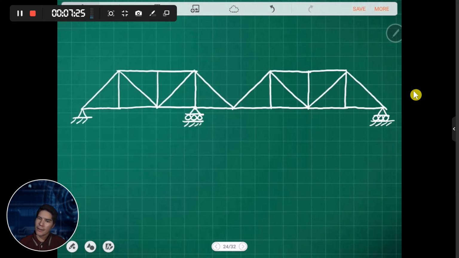Okay, so another example. Again, we just need to count the number of reactions. So for the number of reactions, we have 2, 1, and 1, for the pin and roller supports respectively. So we have a total of 4. For the number of members, we just need to count.